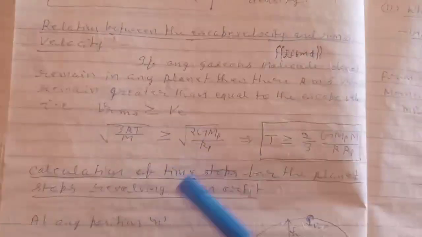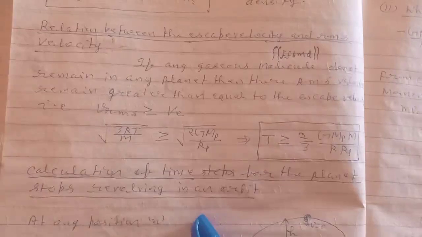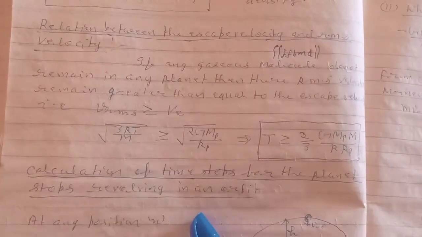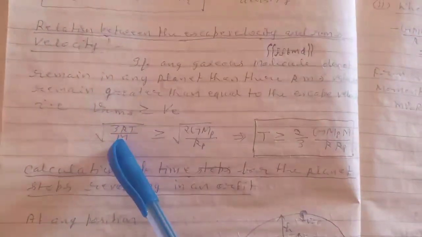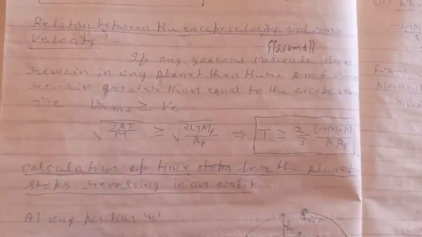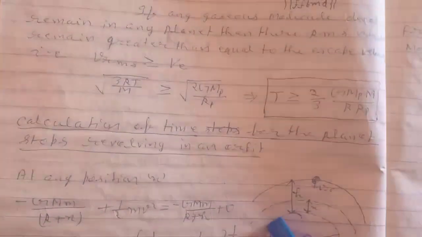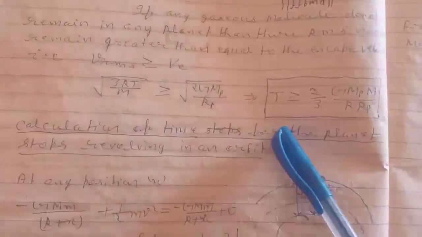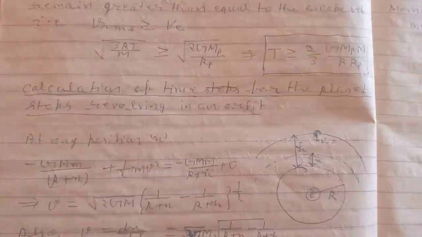This is the temperature; it should be greater than this value. Here M is the molecular mass. So if the temperature is greater than this, then the gas will escape.